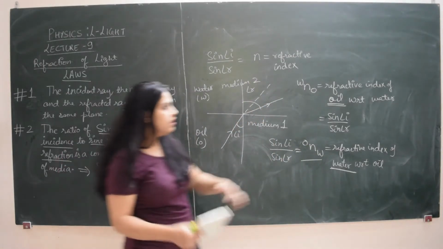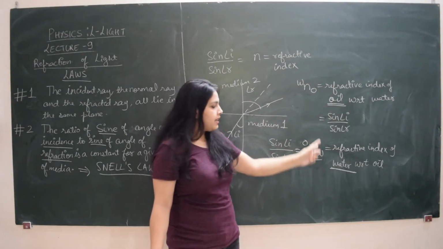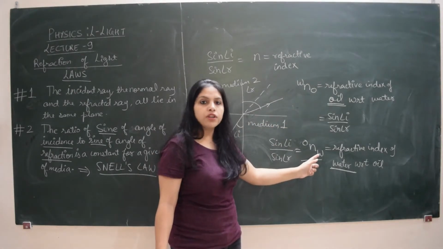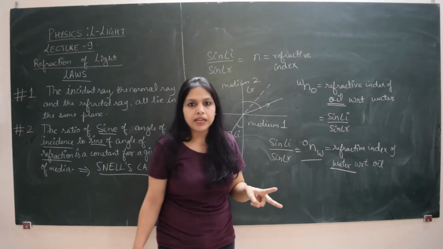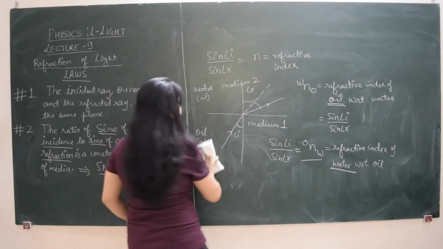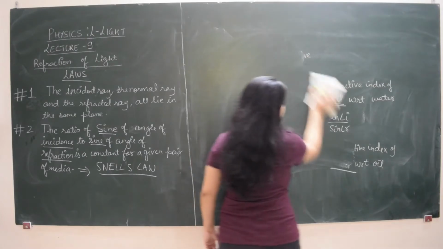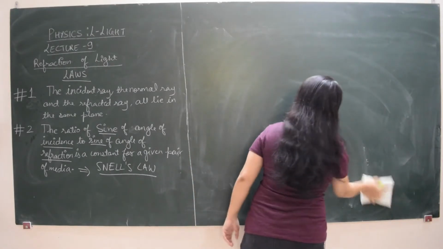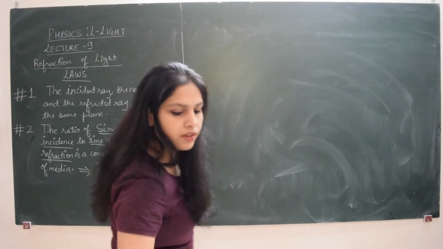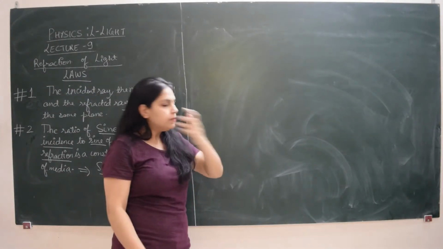We can also say this is relative refractive index of oil with respect to water, and this is relative refractive index of water with respect to oil. I am comparing two media. So, from here I can define the term relative refractive index. Okay. So, one thing we have understood.